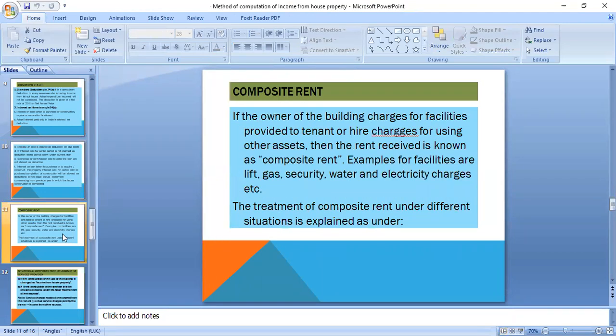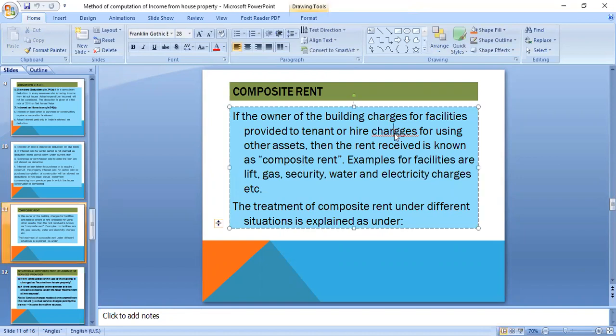Coming to the composite rent. Generally the owner of the building in certain cases may provide some additional facilities to the tenant.